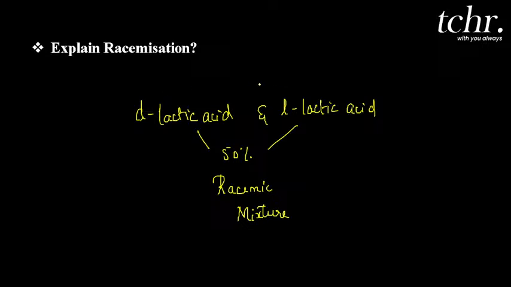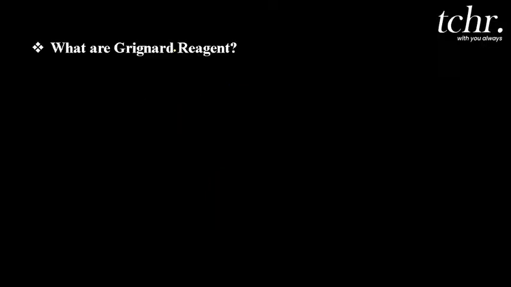So two optically active enantiomers are converted to a racemic mixture now, correct? So students, this process of converting enantiomers into a racemic mixture is known as racemization. And when an example is asked, the way I gave you the example of D-lactic acid, you can take that example and explain that the process of converting enantiomers into a racemic mixture is known as racemization. So students, this is all about optically active substances.